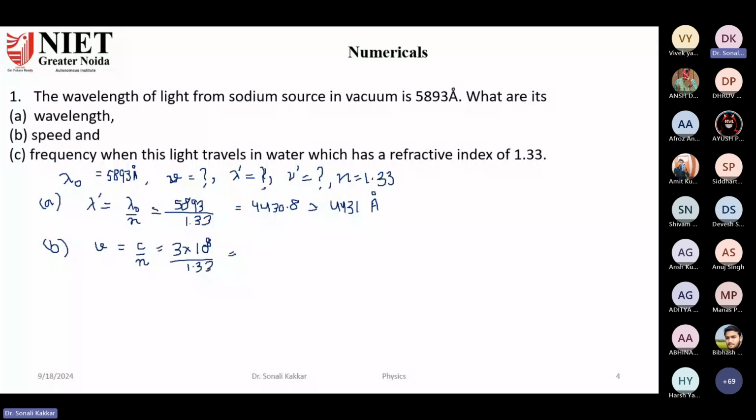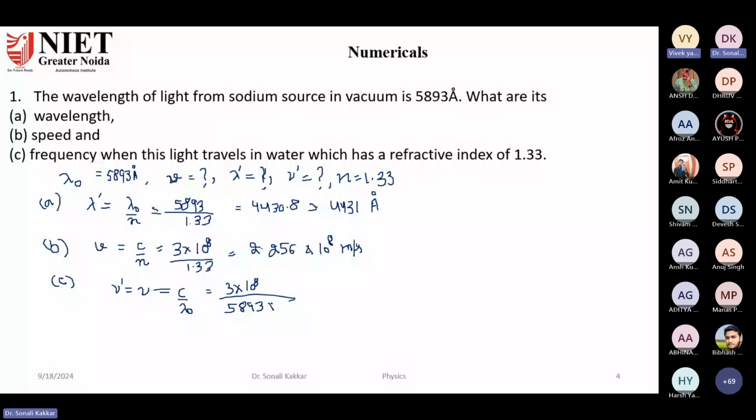Solving this, you will get 2.256 into 10 raised to power 8 meter per second. Third part, you have to calculate the frequency of light in the medium. This is equal to the frequency of light in vacuum, which is c by lambda naught. c is 3 into 10 raised to power 8 divided by lambda naught, which is 5893 angstrom.